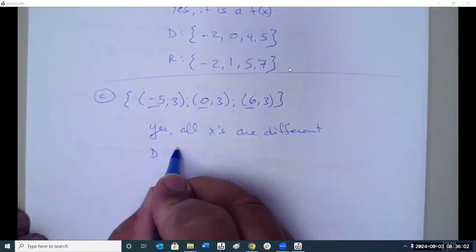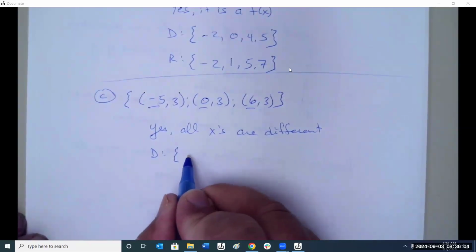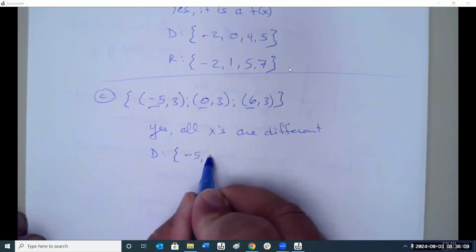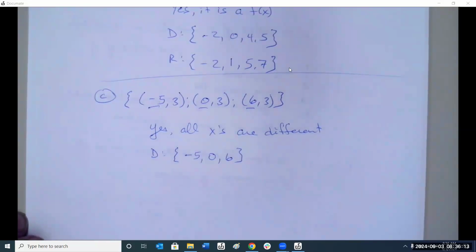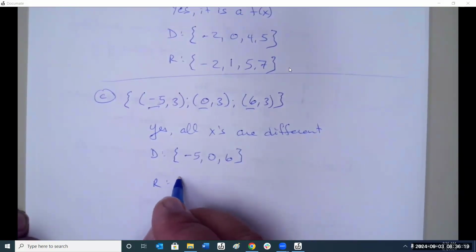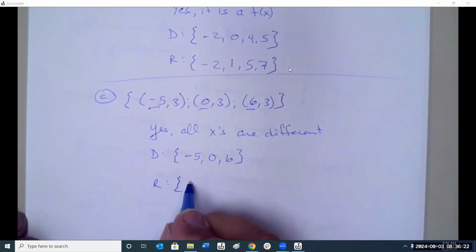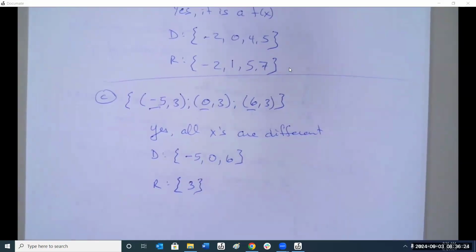The domain, -5, 0, and 6. And the range, 3.